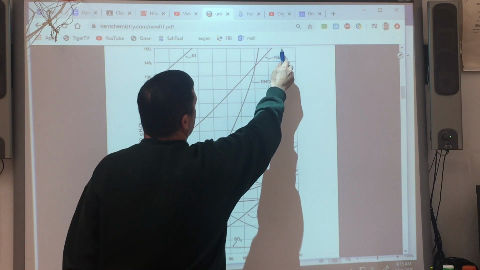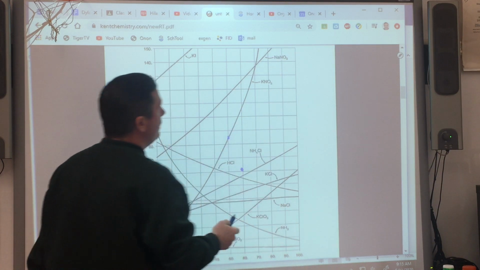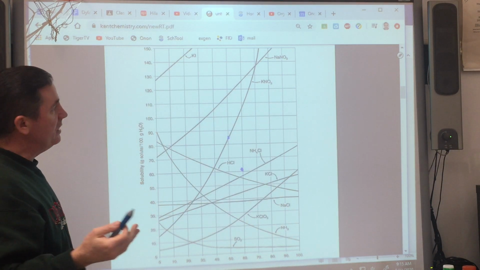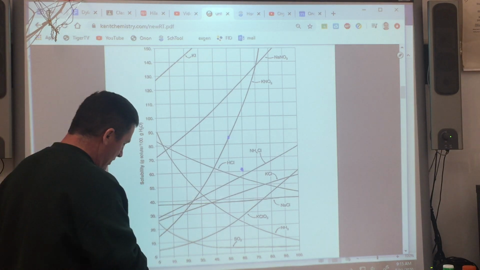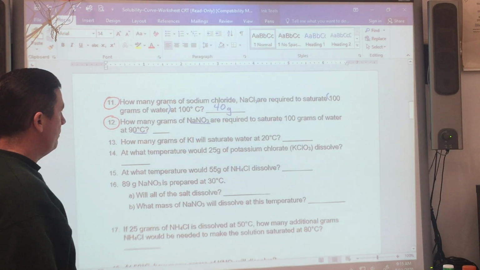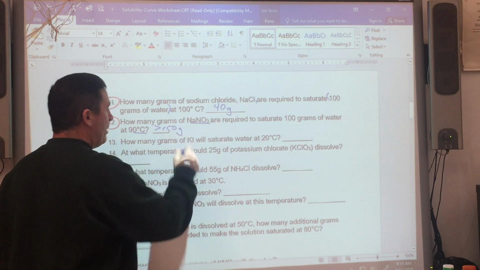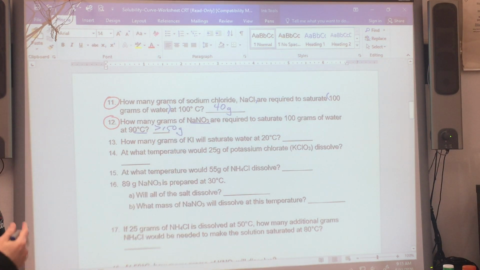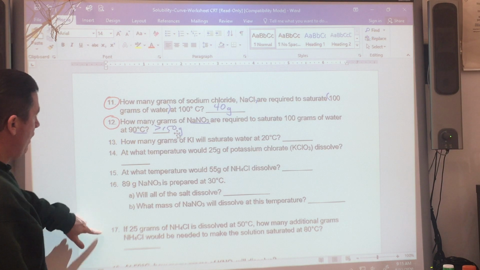It's not 150. There's no way for me to tell, so I would have to say at least or more than 150. More than 150 grams by what is shown to me by that graph. Okay?